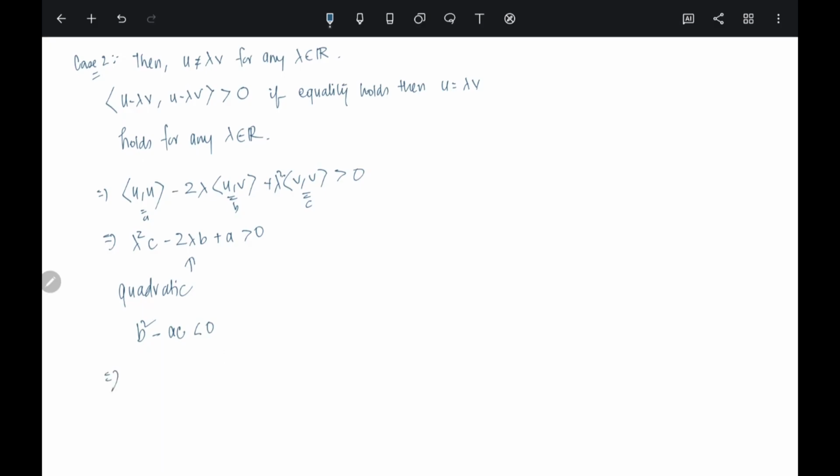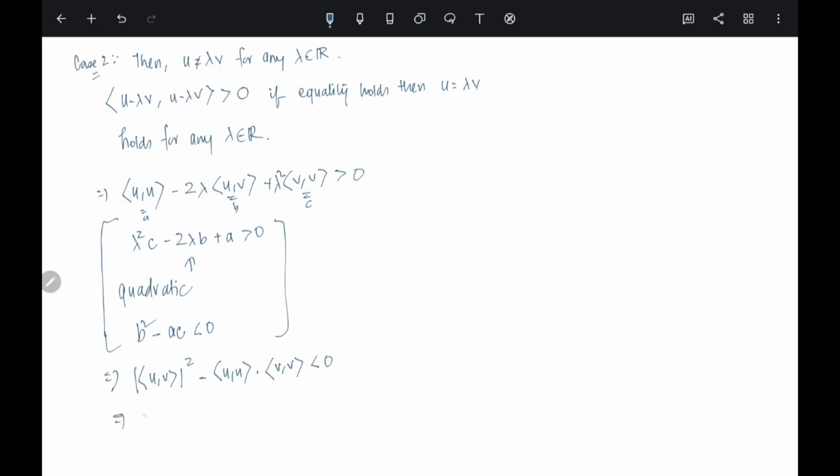Let me write it this way. What is B? B is nothing but the inner product of U and V, the square of that, minus A, which is U inner product with U, times C, which is V inner product with itself. So this always has to be negative.